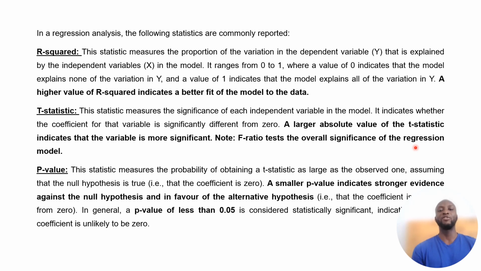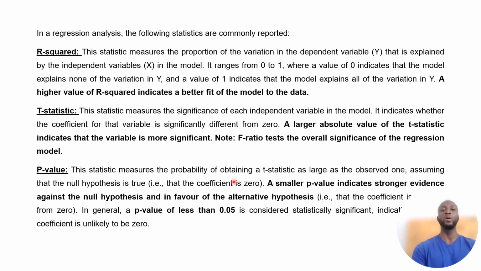And again, to explain the F ratio, you need to look at the p-value of the F ratio. If it's less than 0.05, then we can say that it is significant, and that is what the p-value is here for.